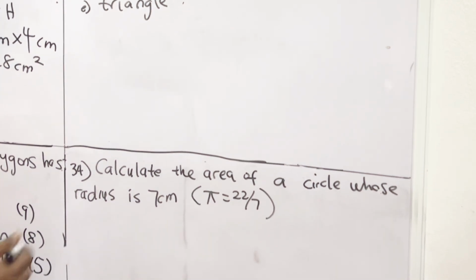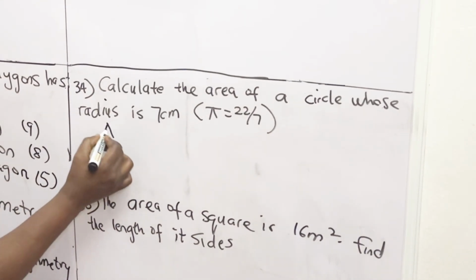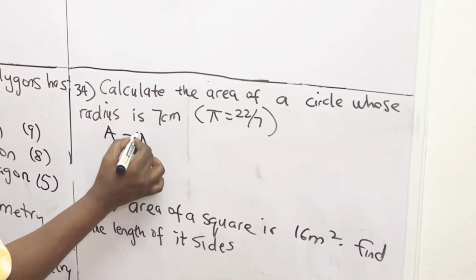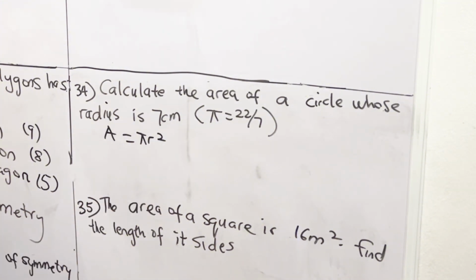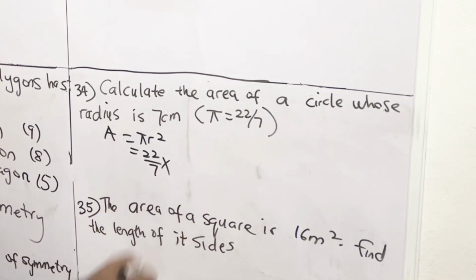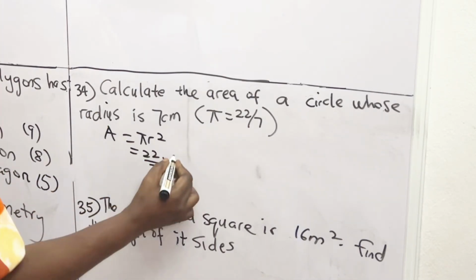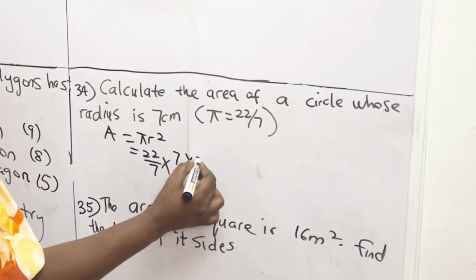Question 34. Calculate the area of a circle whose radius is 7 centimeters. What is the area of a circle? The area of a circle is pi r squared, where pi is 22 over 7. Then what is our r? Our r is given, it is 7 centimeters.